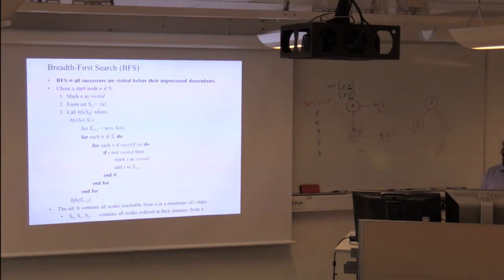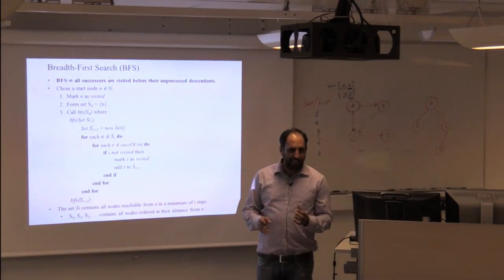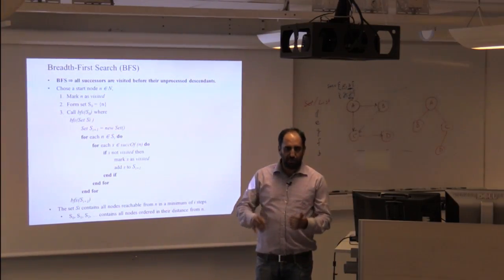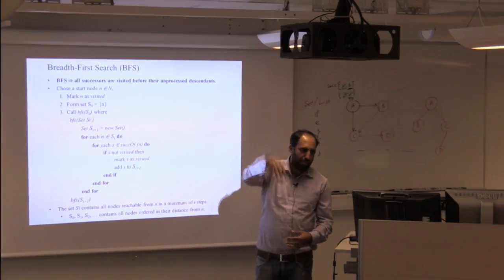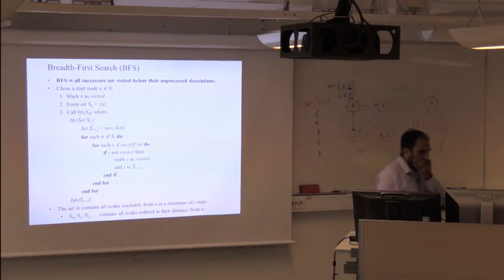So far we have discussed different algorithms that were using depth first search. In the depth first search, we start with some node and go deeper and deeper. However, in the breadth first search, we make sure that all successors are visited before their unprocessed descendants. So before moving to the descendants, we first visit all the successors.